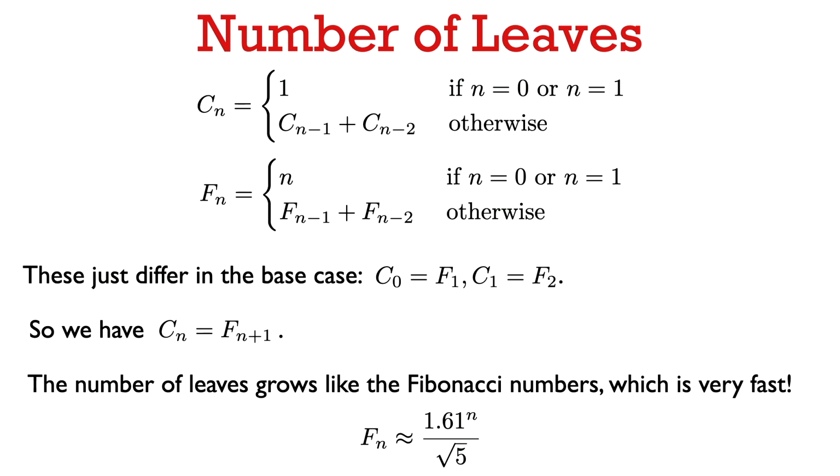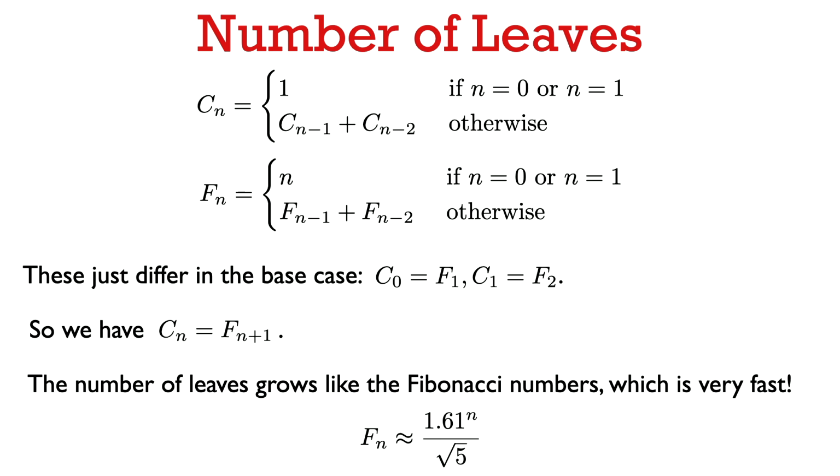So we actually have that the number of leaves in the computation of the nth Fibonacci number in this naive recursive algorithm is equal to the (n+1)th Fibonacci number. And the Fibonacci numbers grow very fast. The nth Fibonacci number is approximately 1.61 to the n divided by square root of 5. So the number of leaves in our tree grows very fast as well.